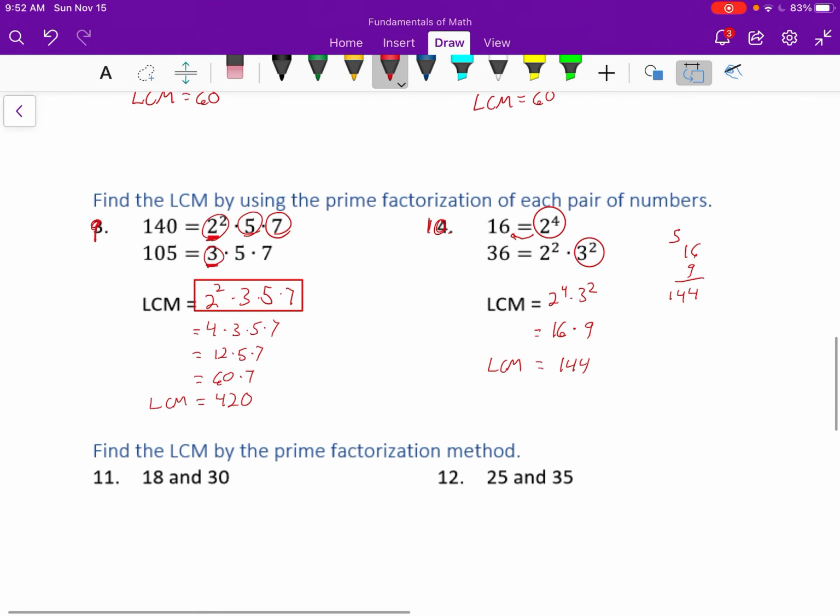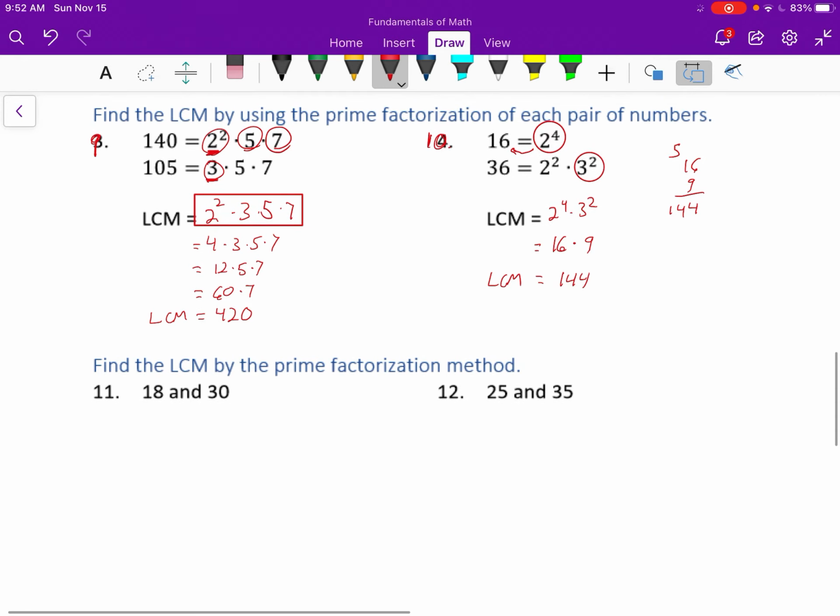And our last couple, we need to find the prime factorization first and then finish the problems kind of like we did 9 and 10.